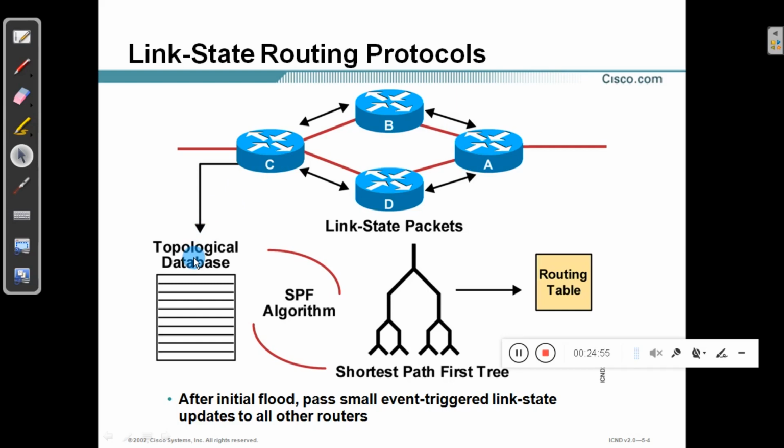From the topological database, it will run the shortest path first algorithm, and it will calculate the routing table. So here the routing table is, to a certain extent, free from inconsistency or routing loops compared to the distance vector routing table.